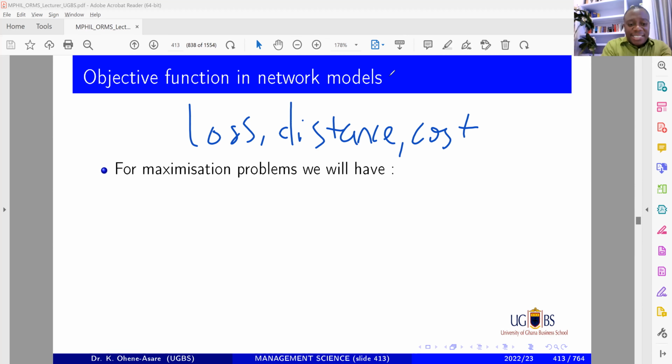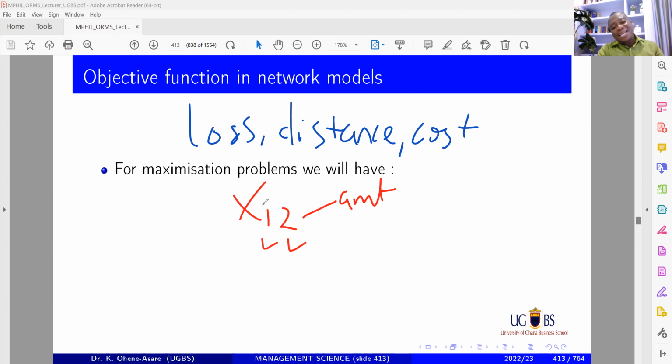So suppose you have a decision variable, and the decision variable is x1,2. I'm sure by now you all understand the decision variable. It means that you have some items that you are transporting from node 1 to node 2. You don't know the amount of the item. That is why the amount is what? The amount of the item is actually the x1,2.